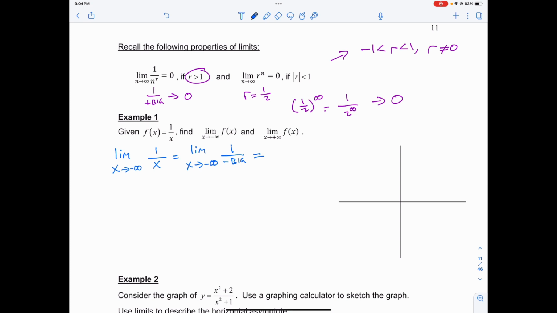This is going to approach 0, but it's going to approach 0 from below, because I'm doing it for a negative number. So it's still going to be approaching 0, but it's going to be approaching 0 from down here.